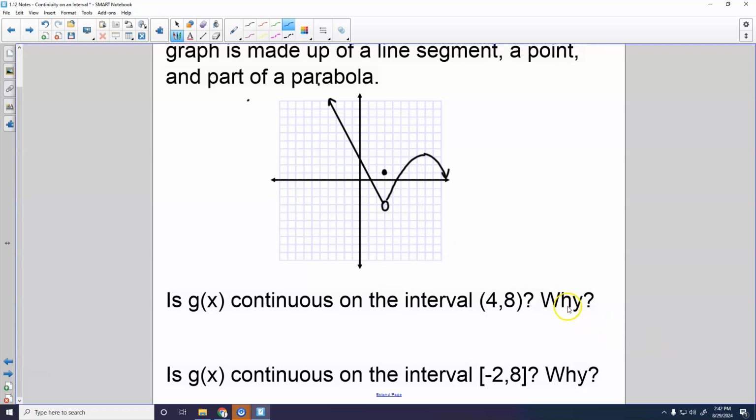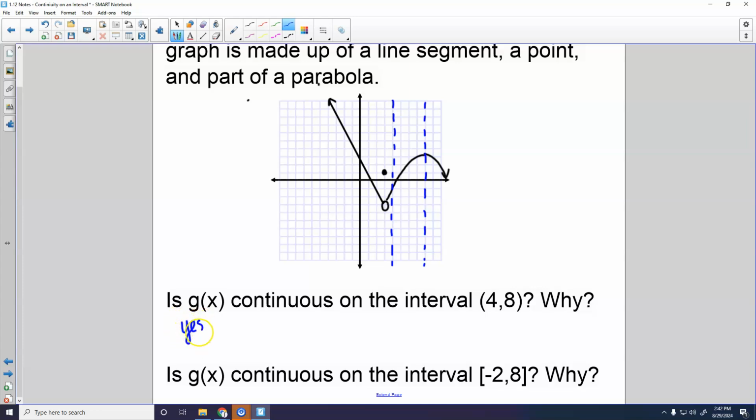That probably should say why or why not if I was better at writing problems. So from 4 to 8, are we continuous? Okay, so 4 is right here to 8 is right here, and our function is continuous on that interval.